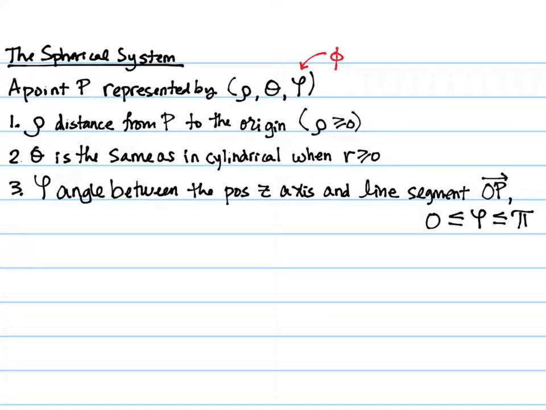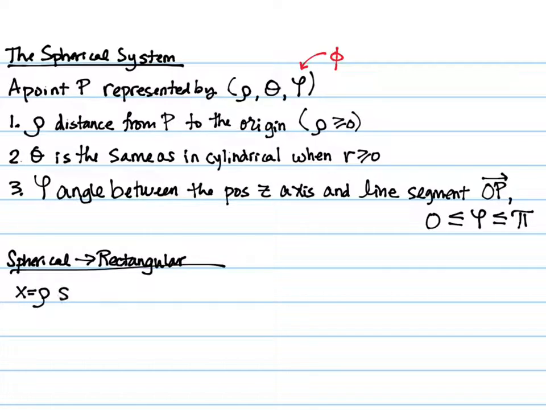So we need some conversions to be able to work with this as well. So we're going to do spherical to rectangular first. Spherical to rectangular, x is equal to rho sine phi cosine theta. y is equal to rho sine phi sine theta.